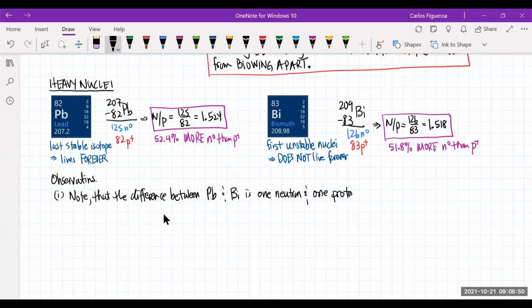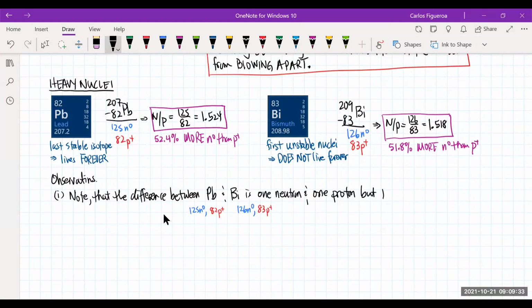Look at the numbers. Lead has 82 protons. This one has 83 protons. And the other thing here is the neutrons. This has 125 neutrons, and this guy has 126 neutrons. So you can see that there's one more neutron, one more proton in bismuth than lead.